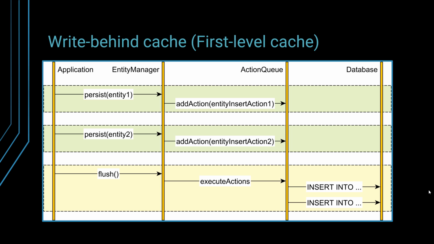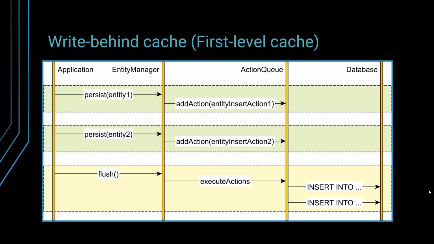But whenever you're using repositories in Spring Data JPA, you are using this first level cache. Basically, every time you call the JPA repository save method and pass an entity that was never persisted before, behind the scenes persist is going to be called.